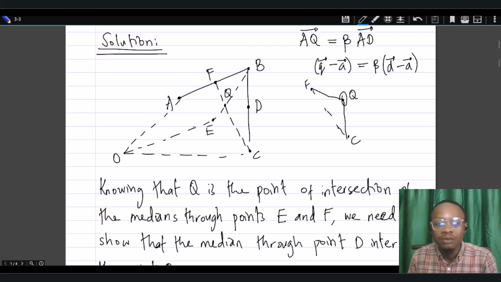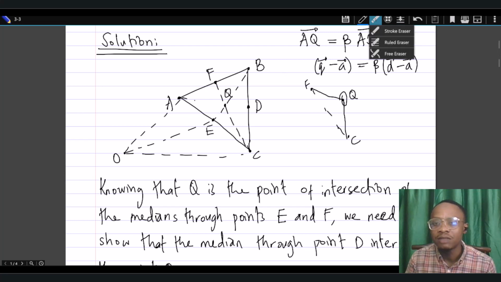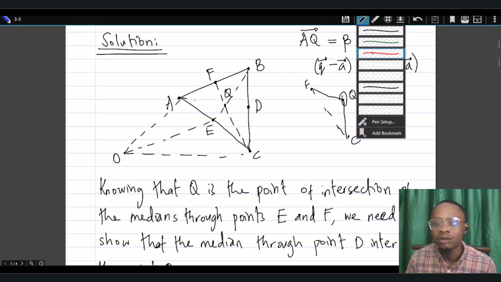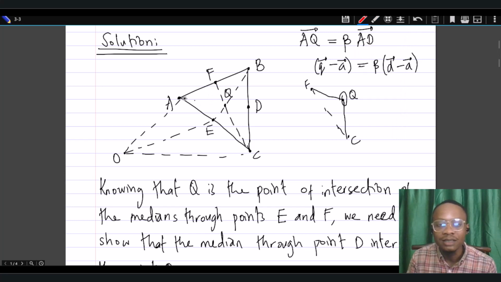Okay, so let me restore that. I want to write this with a different color. Yep. So this indeed passes through the point Q. So that's the implication of the results we have just obtained.